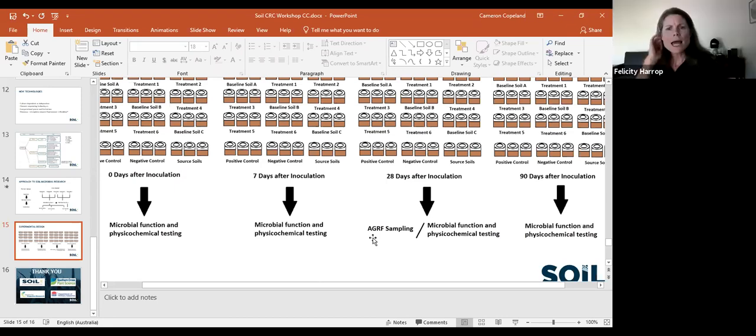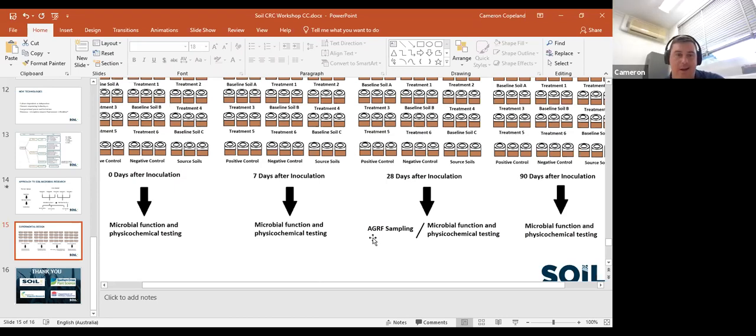Yeah, great. And what sort of physicochemical testing will you be doing? So here at Wollongbar DPI, we have a soil testing unit, and there's a package that you can test, so your carbon, your nitrogen, your phosphorus levels.